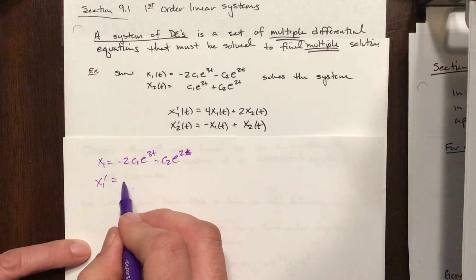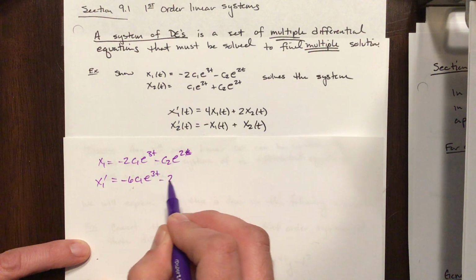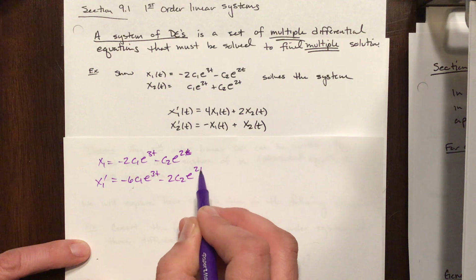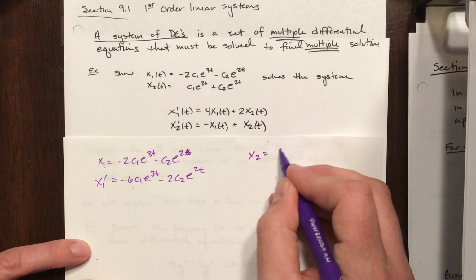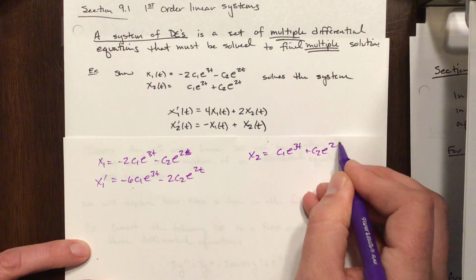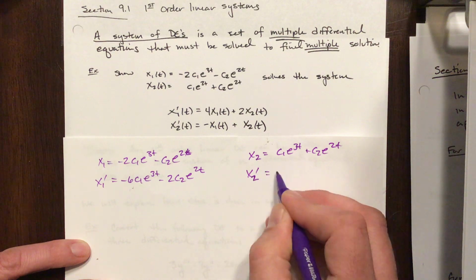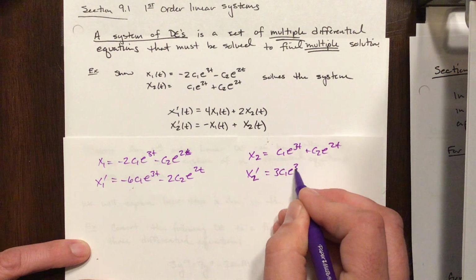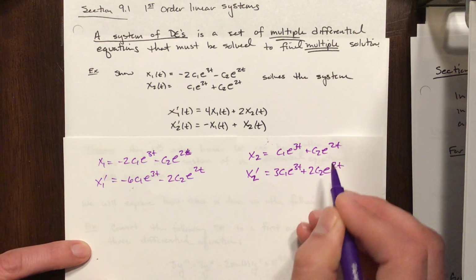Taking the derivative of this, we get minus 6c1 e to the 3t minus 2c2 e to the 2t. Okay, and what's x2? x2 is c1 e to the 3t plus c2 e to the 2t. So x2 prime equals 3c1 e to the 3t plus 2c2 e to the 2t.